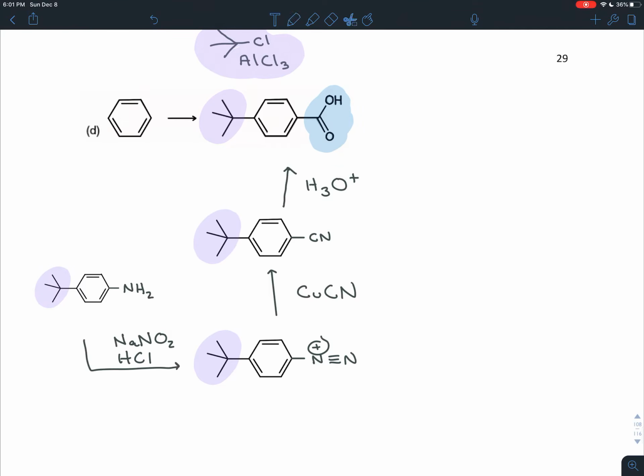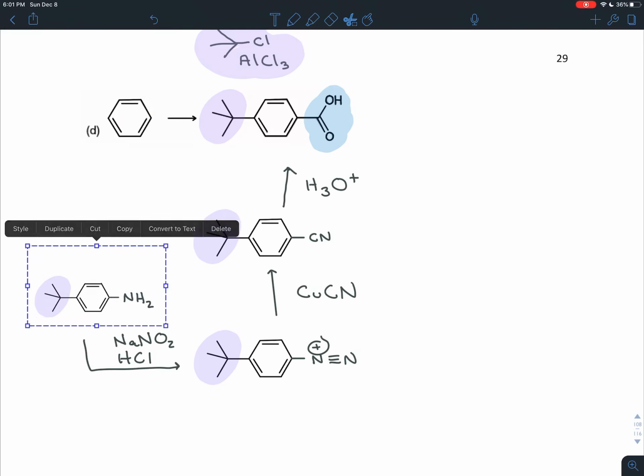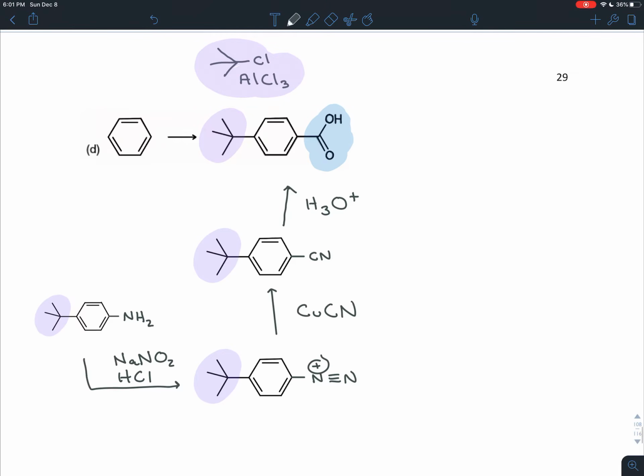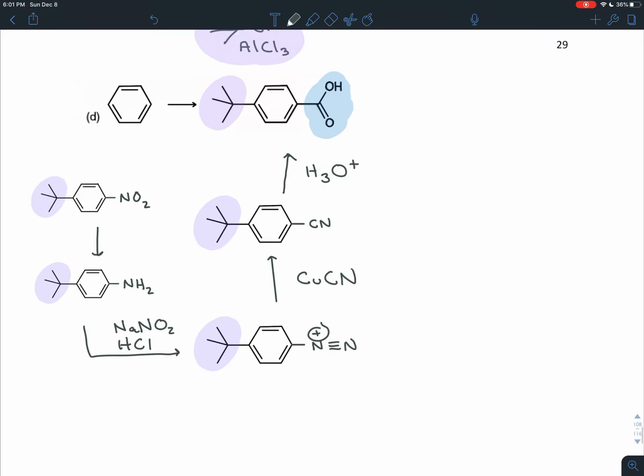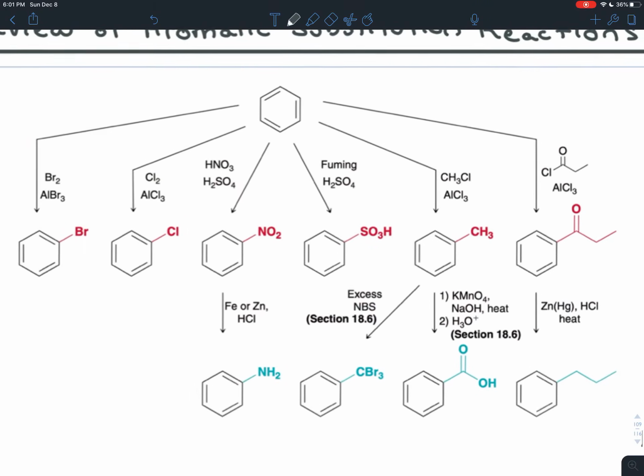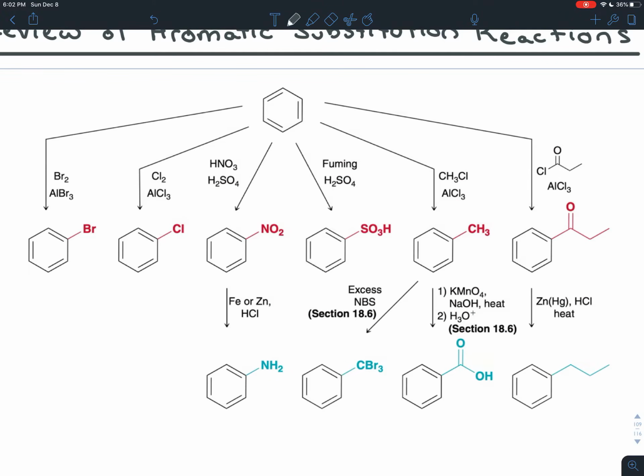But how can we get a primary amine on a benzene ring? Well, we've seen this before. It's a two-step procedure. We could get it in one step if we had the nitro group. So if instead of NH2 you had NO2, you could reduce it using the iron and HCl that we have here.